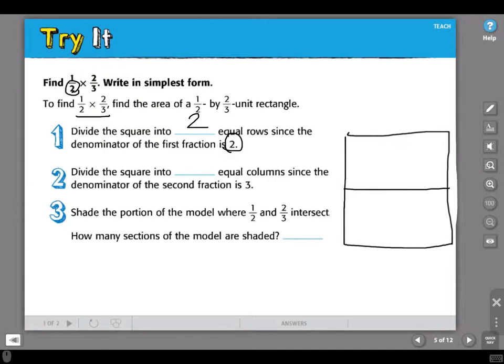My second step is to divide the square into 3 equal columns, since the denominator of my second fraction is 3. So, thirds. Now, I'm going to shade in 1/2. Let's make it bigger.